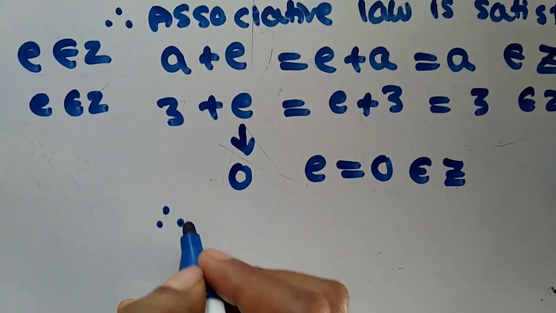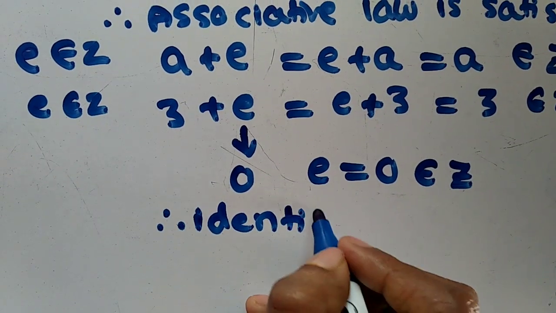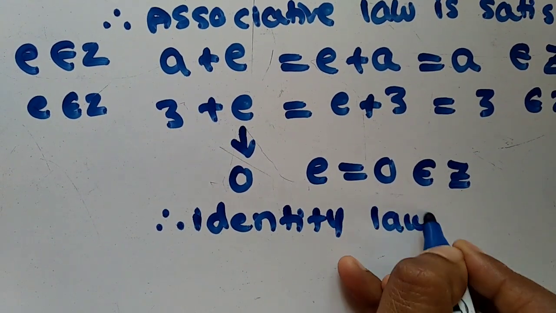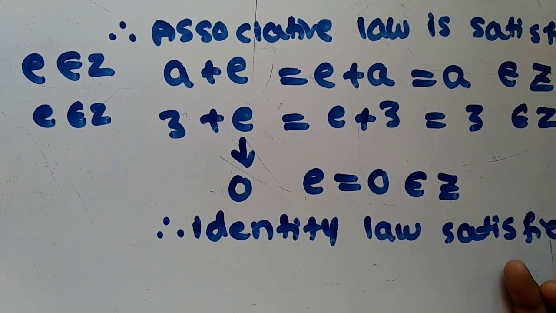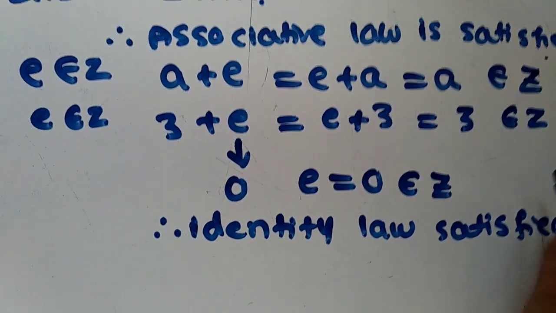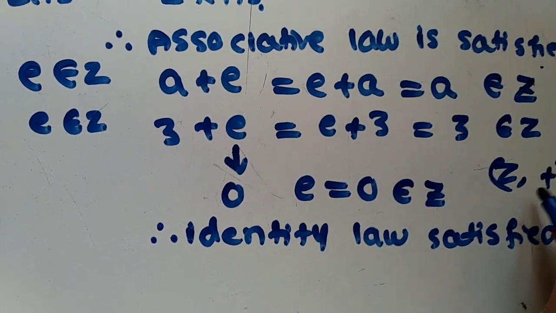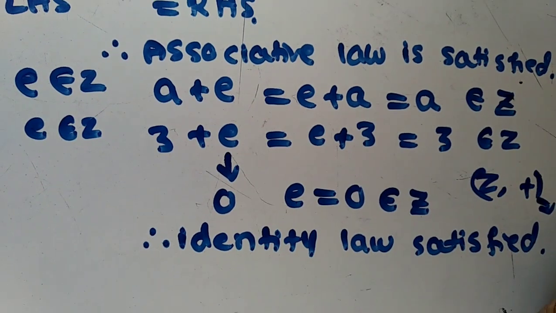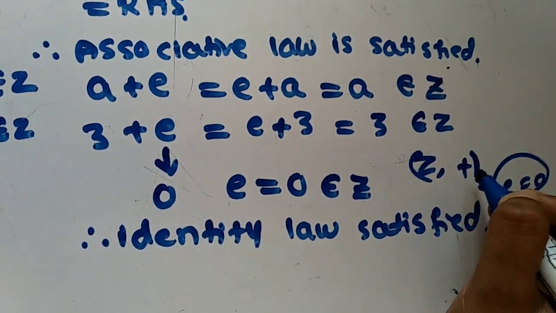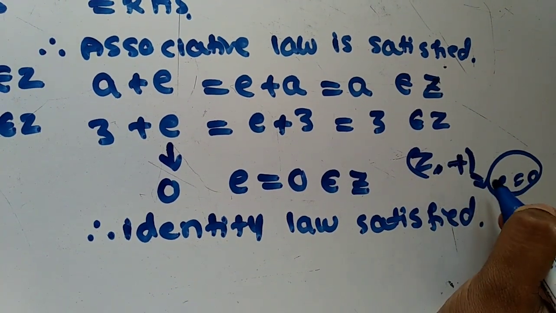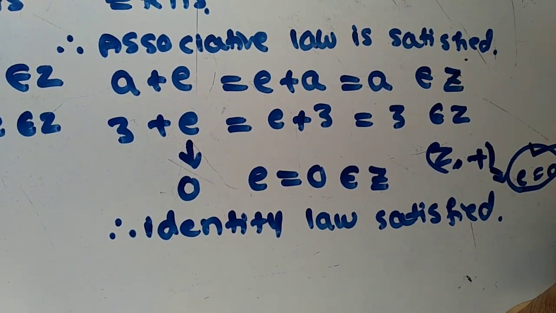Therefore, here the identity law exists, or the identity law is satisfied. So for Z with respect to plus, what is the identity element? E is equal to 0. So for this whole Z with respect to plus operation, the identity element is 0. Got it?